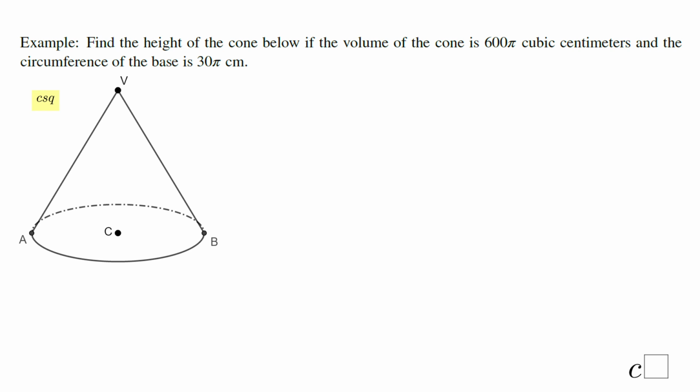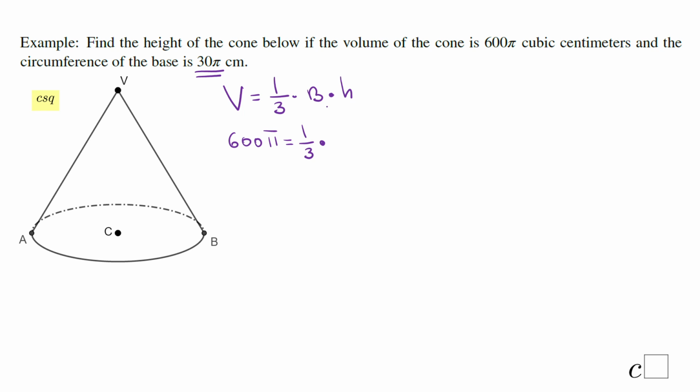So if we go here to the volume, we start with the volume, 1/3 times area of the base times the height. We notice we have a problem if we replace, which I'm going to do. We have 600 pi, the volume, equals 1/3. We do not know the area of the base. We know the circumference of the base is 30 pi, and we do not know the height. In fact, the height we need to find out.